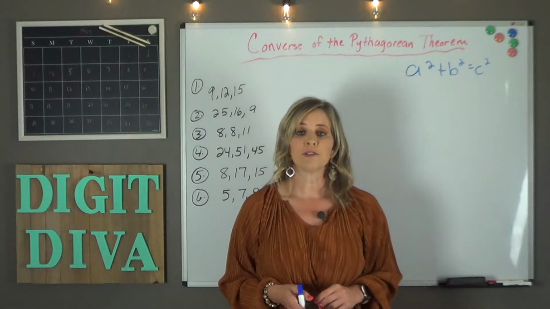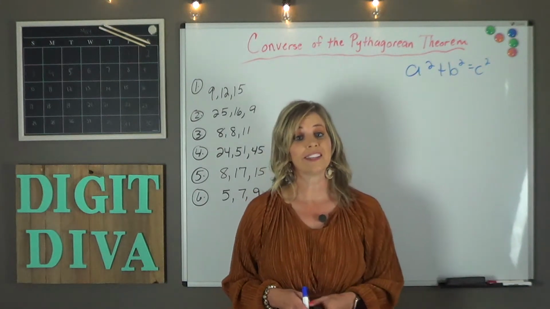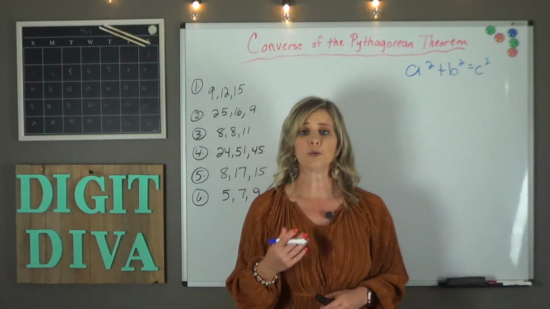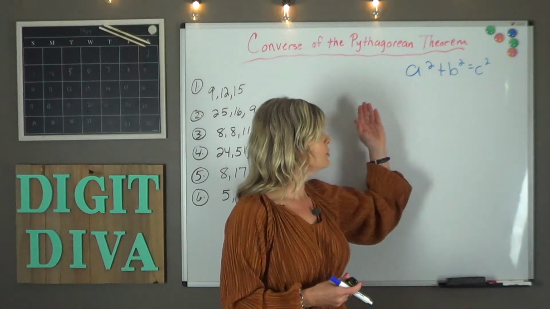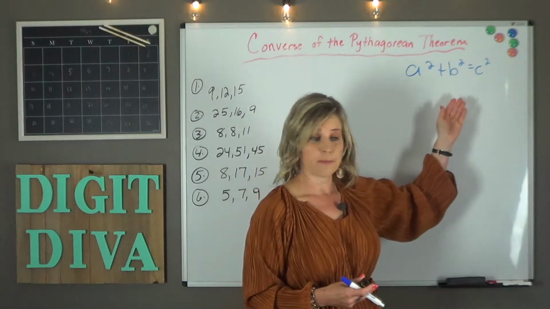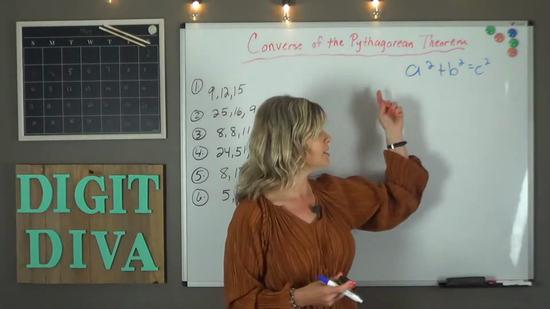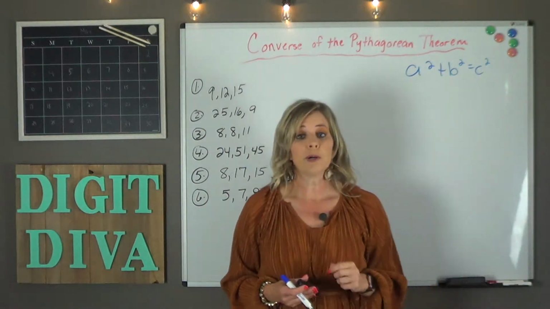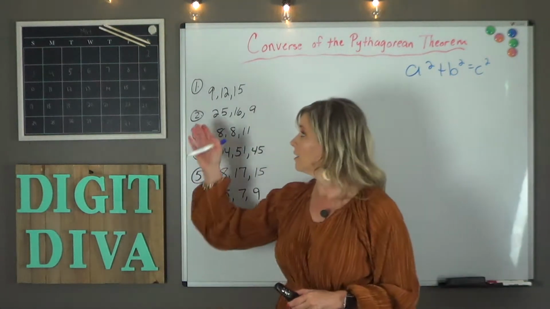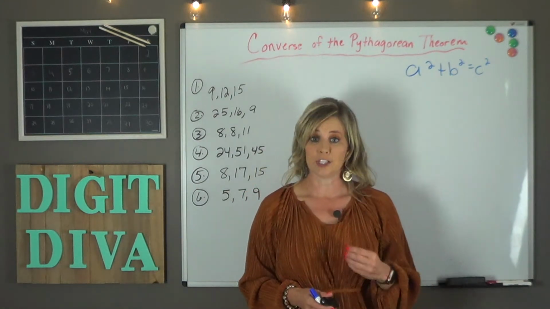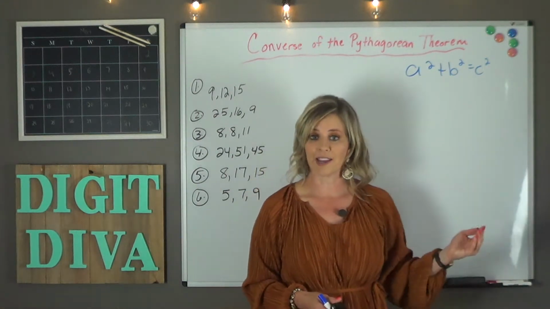So sometimes you are going to be asked to determine if the side lengths would form a right triangle. In order to check that, you would use the Pythagorean theorem, a squared plus b squared equals c squared, this simple little formula. We plug in our values and see if the left side equals the right-hand side.